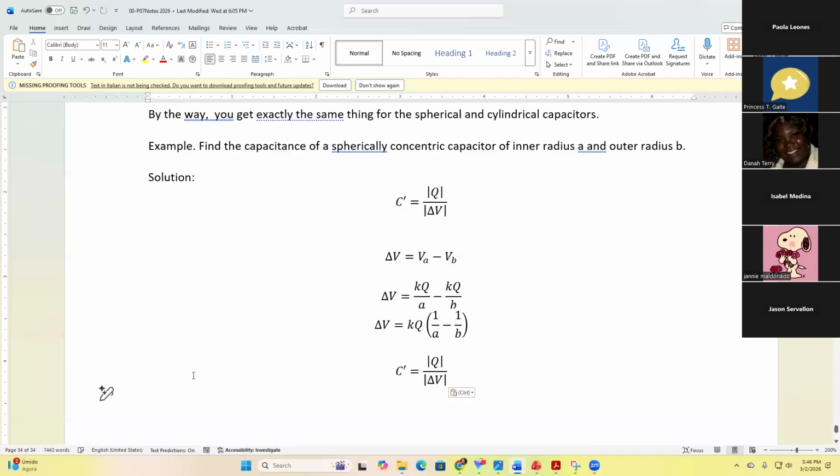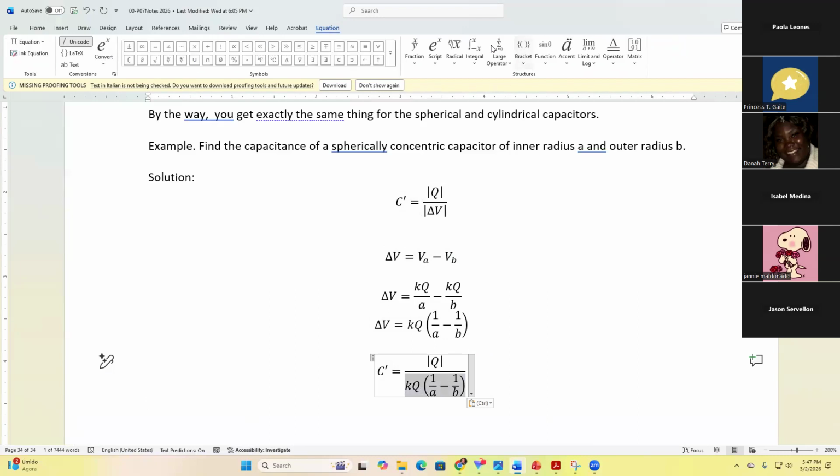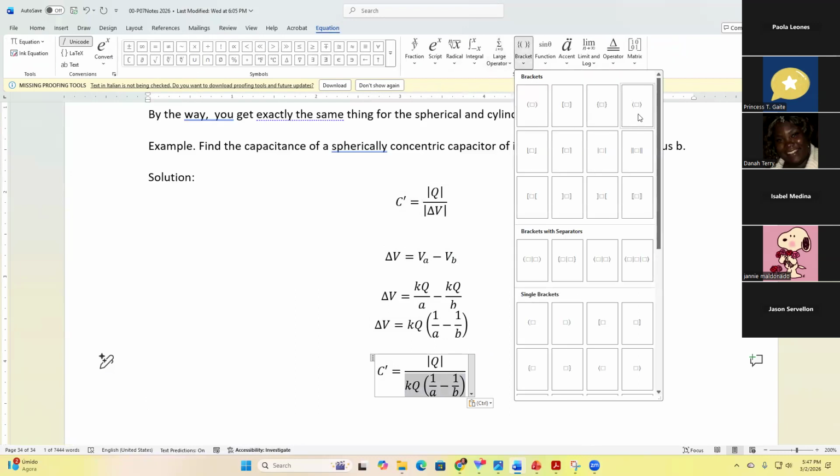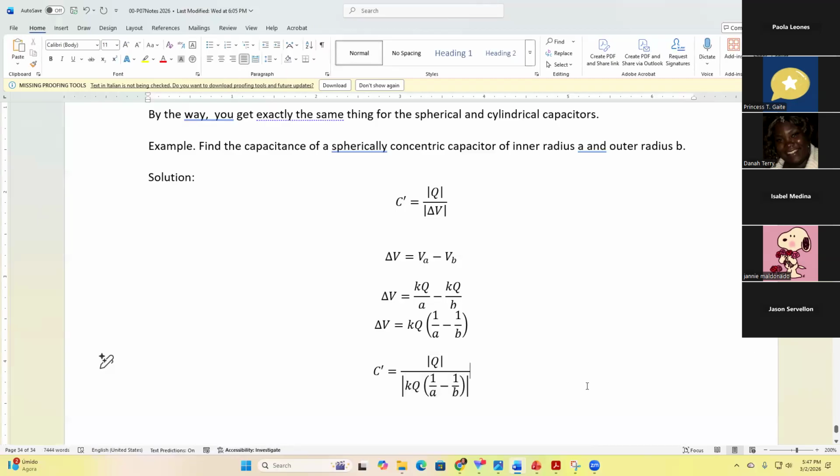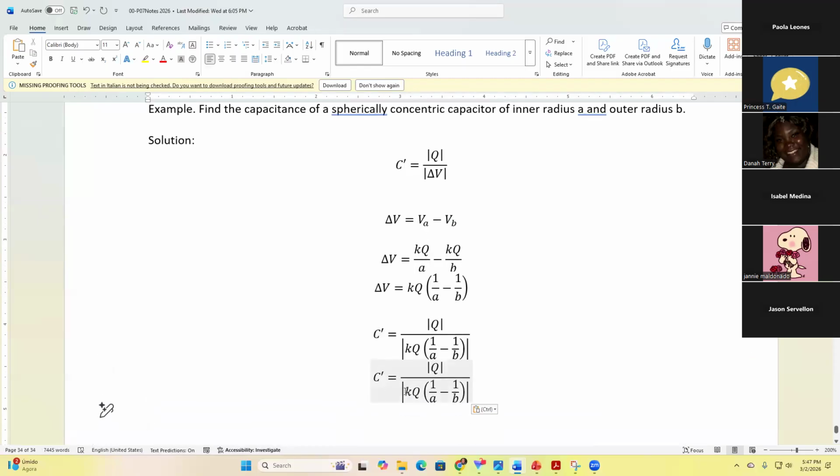Remember, it has to be the magnitude, right? Let's see here. I put the magnitude right in here. Good. K is always positive, so we can take it out.